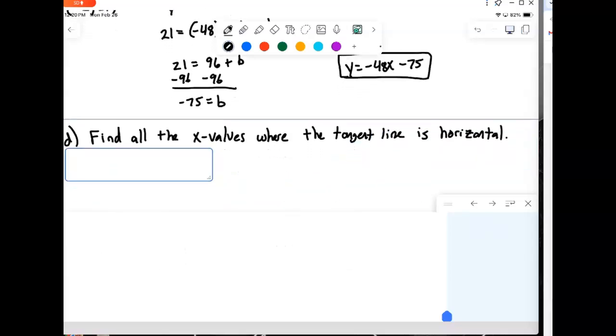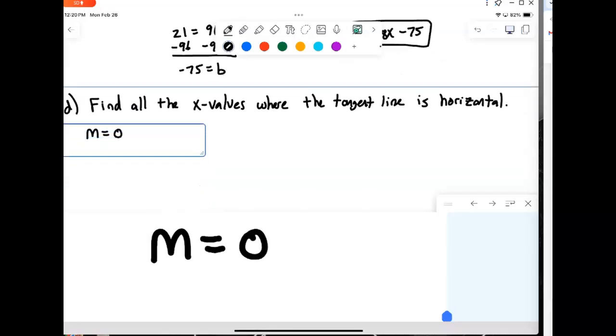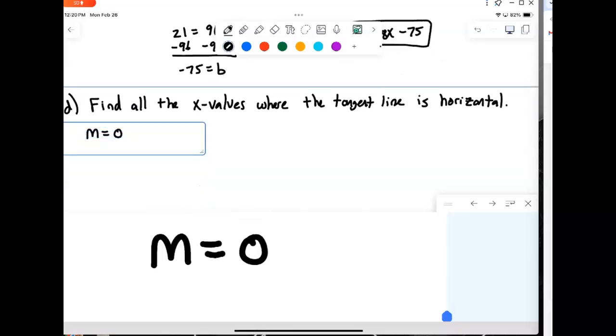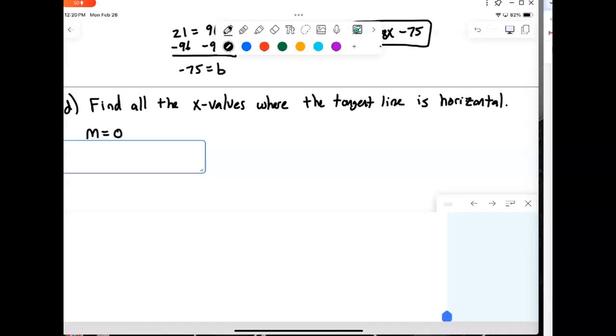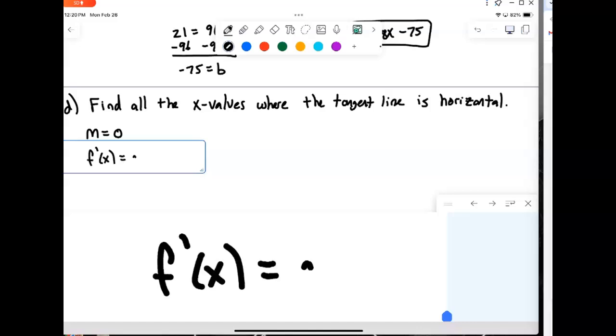In other words, we want to know all of the places where the slope of the tangent line is 0. Okay. Horizontal lines will be flat, so they'd have a slope of 0. So that's what we're looking for. When is the slope of the tangent line 0? So we're looking for when is the derivative 0.